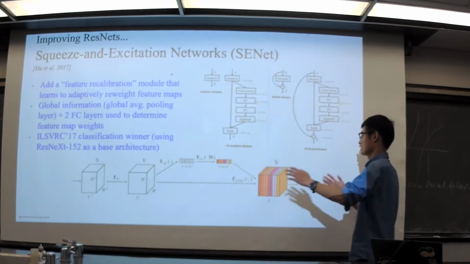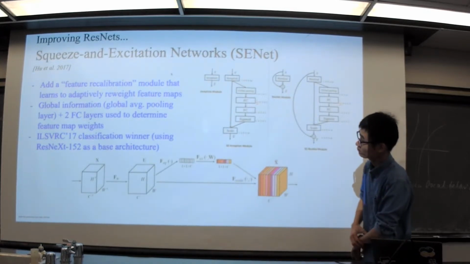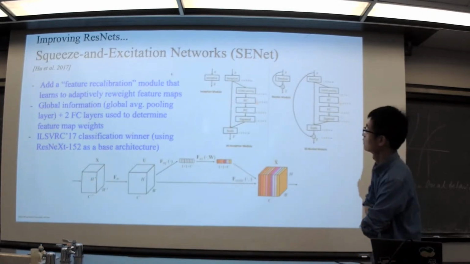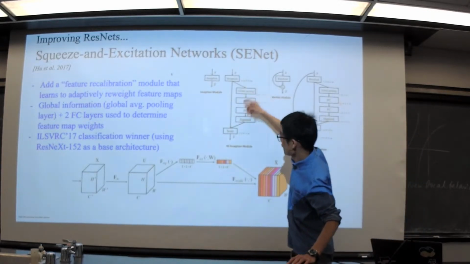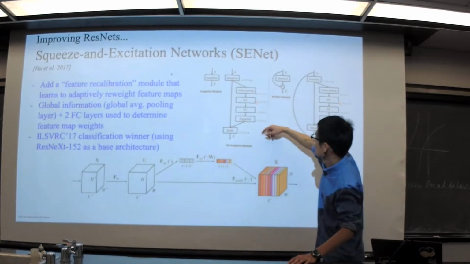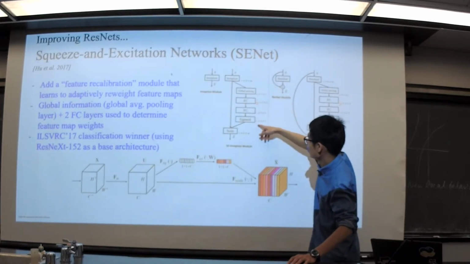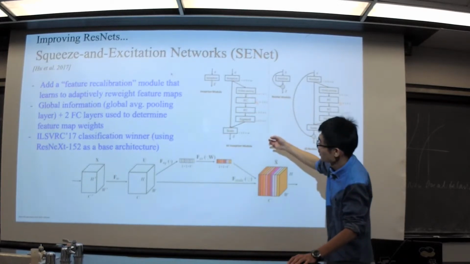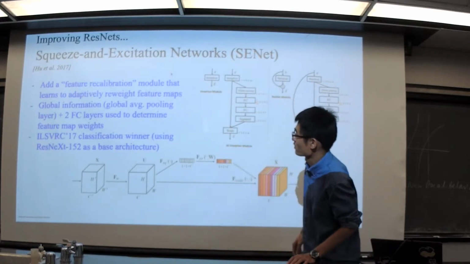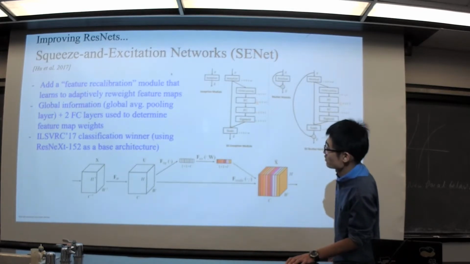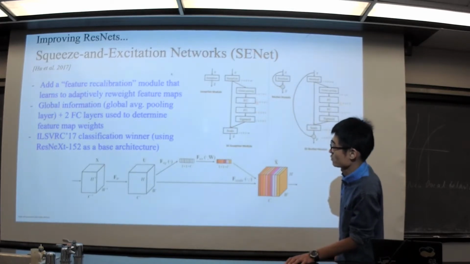So it's like a different dimension. They give a feature recalibration module, like here. They have global pooling, FC, sigma to calculate the weights. Global information plus 2 FC layers used to determine feature map weights.